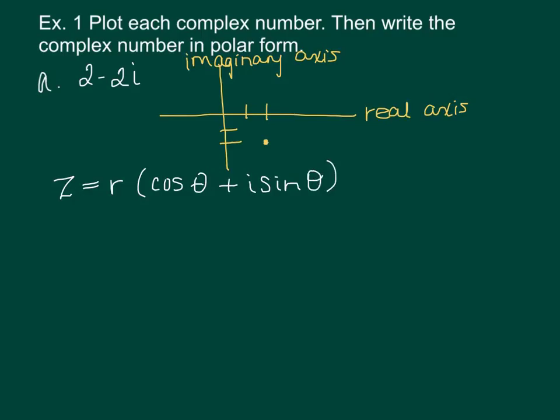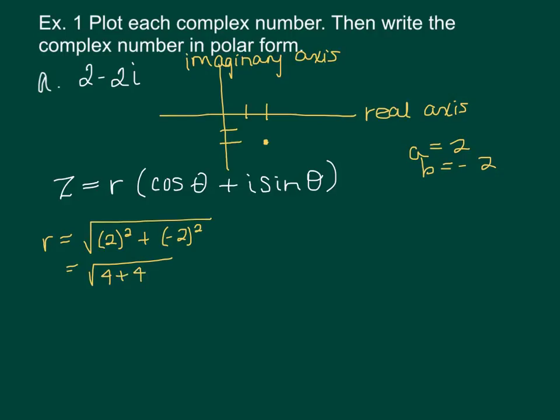First thing we need to do is find R. Remember, R is the square root of A squared plus B squared. So A is 2, B is negative 2, plus negative 2 squared. So that's 4 plus 4, which equals square root of 8, which is 2 square root of 2.